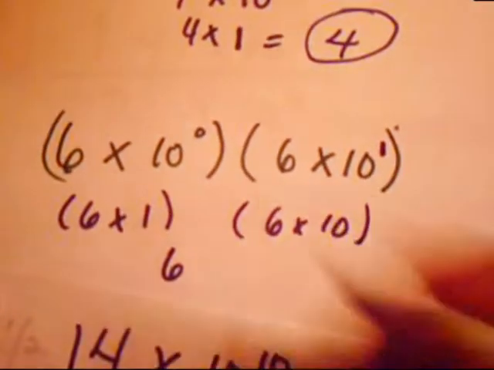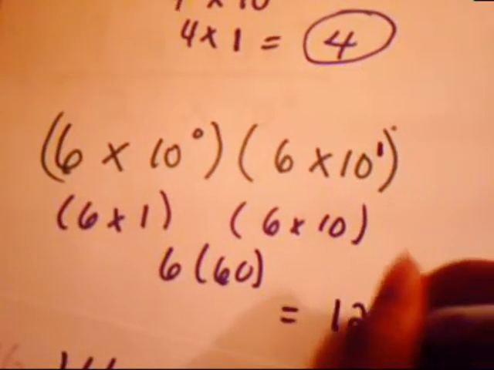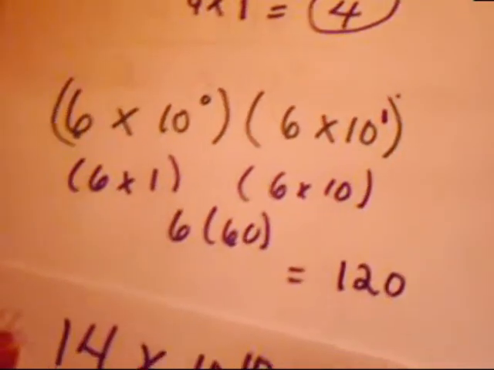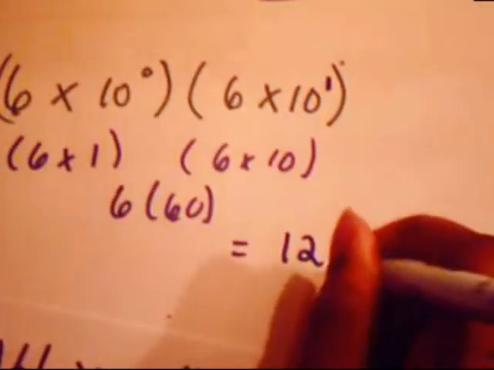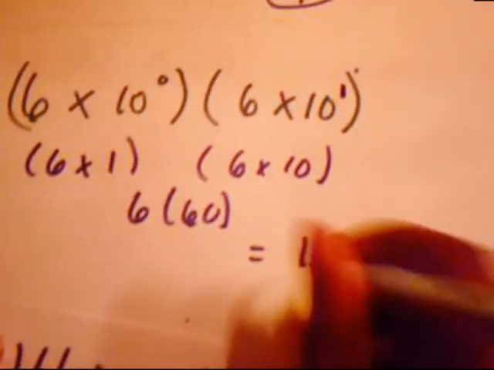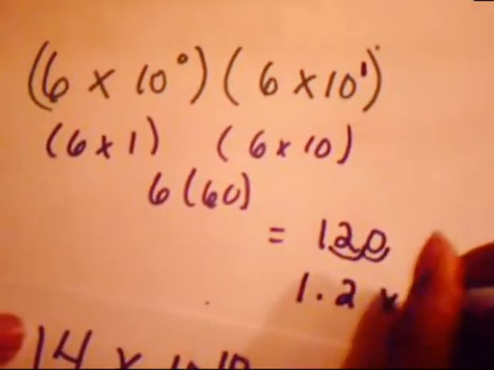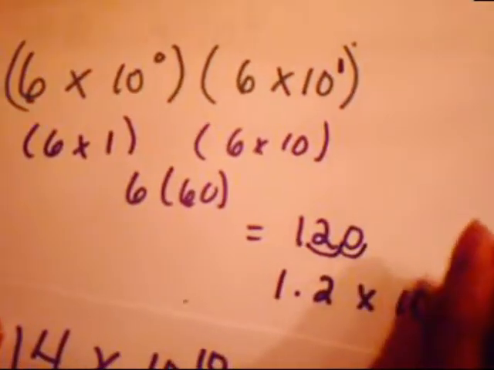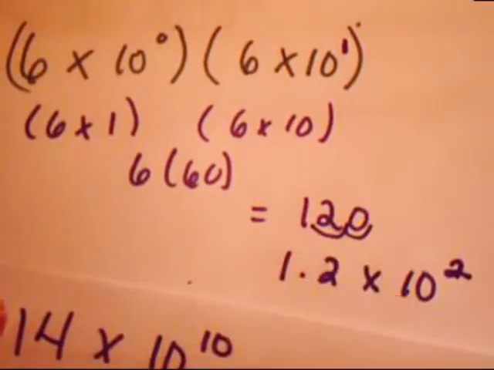And 6 times 10 is 60. So that's actually 120. Now, if you want to write that in scientific notation, you could. How many times have we moved the decimal? Twice. So it's 1.2 times 10 to the 2nd power. Positive 2, because this number is greater than 1.